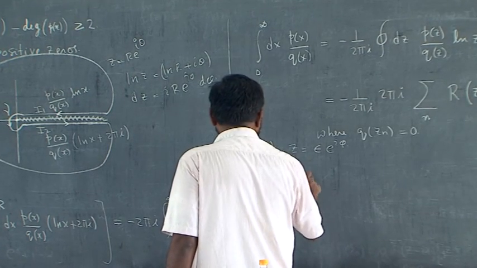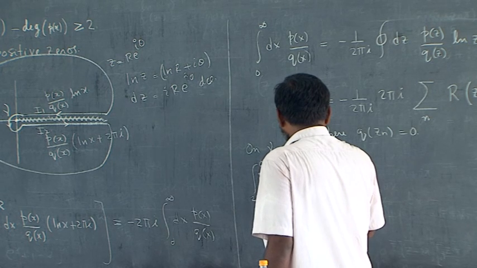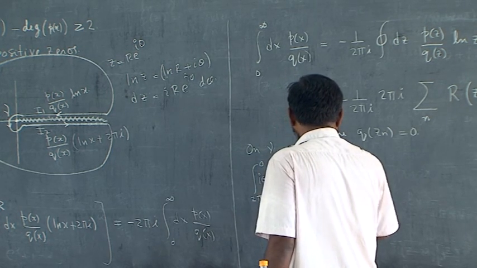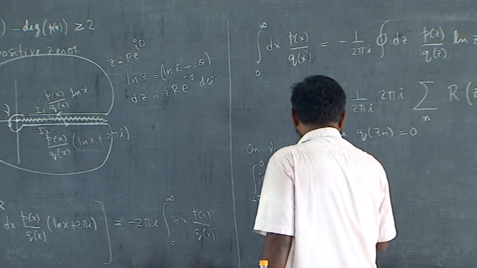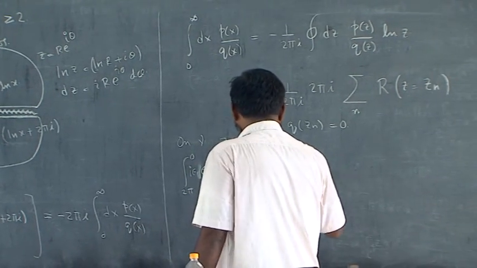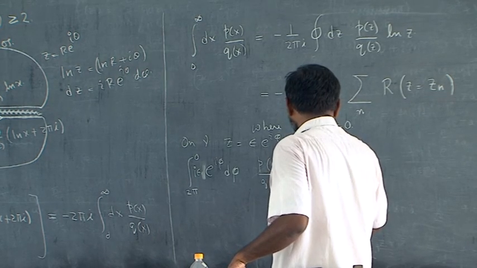d phi, that is my dz, into P of epsilon e to the i phi by Q of epsilon e to the i phi into logarithm of epsilon e to the i phi.